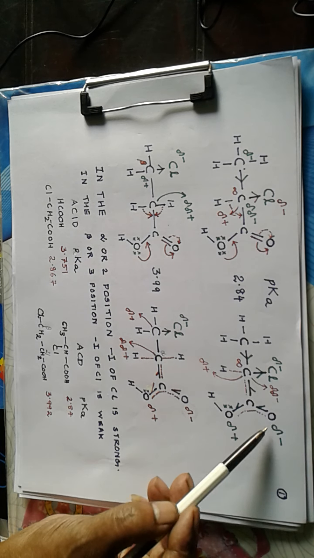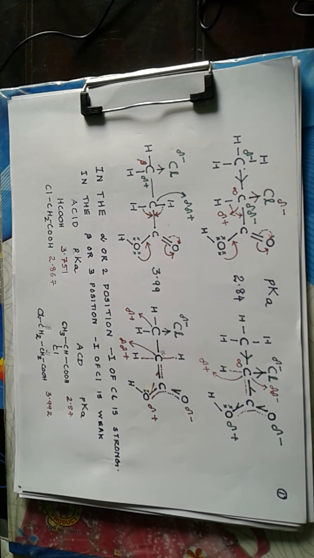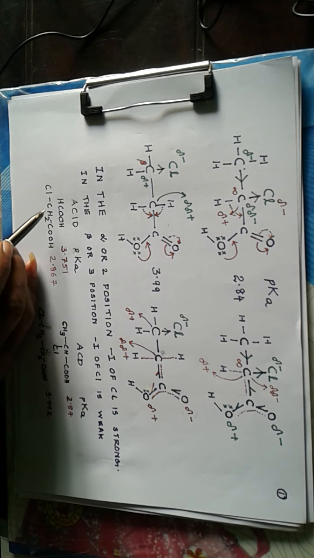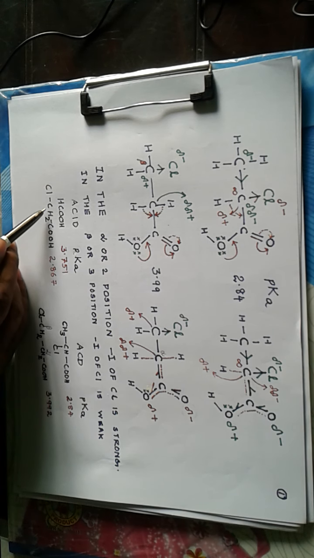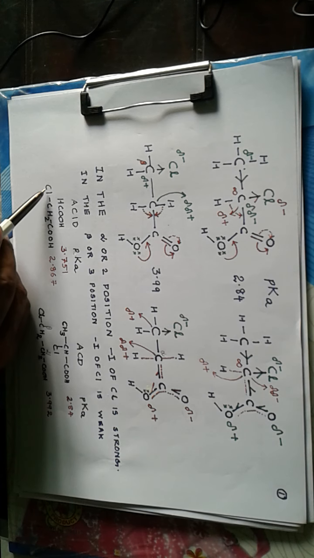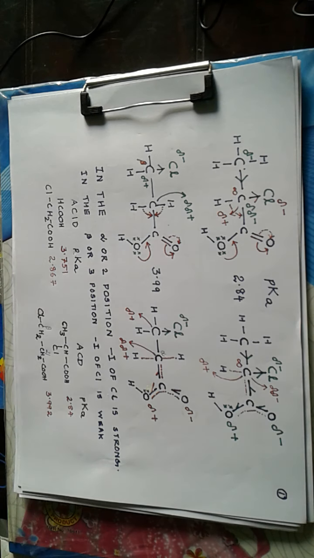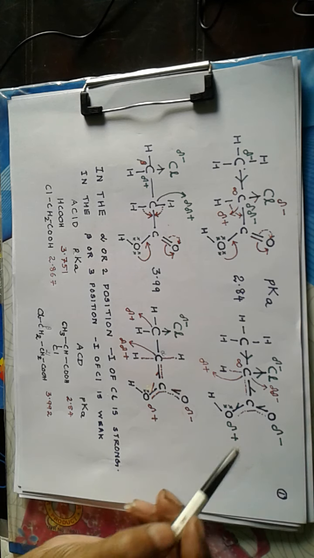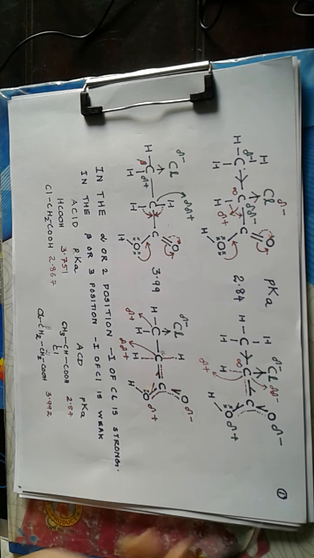When we come to chloroacetic acids, there are two hydrogen atoms which can increase the delta negative charge over the oxygen atom, but since in chloroacetic acids the chlorine is directly bonded to the CH2 group, which is directly bonded to COOH, the strong minus effect of chlorine withdraws electron density to a greater extent, so that the electron density transfer to the positive oxygen is lesser than that in formic acid.